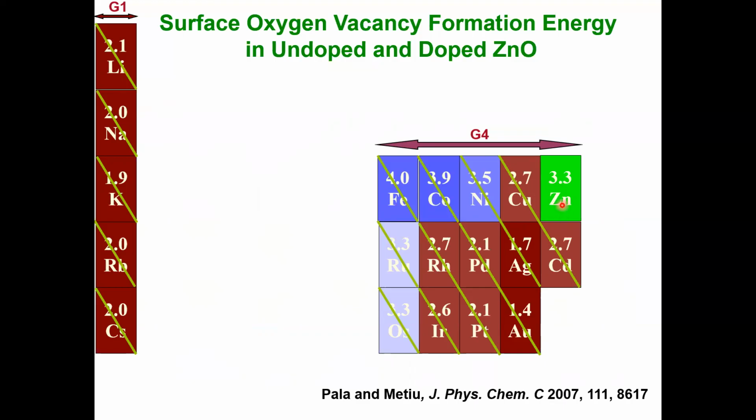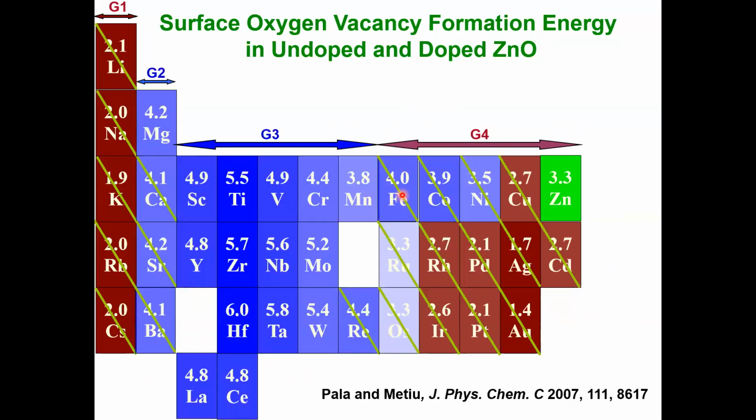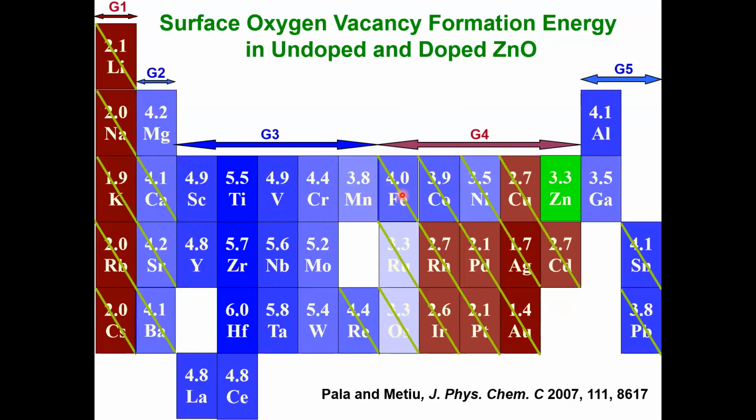That will increase the vacancy formation energy. When I add iron to the system, oxygen binds better. The binding energy of oxygen is increased compared to that in zinc, so I am making it a worse oxidant.